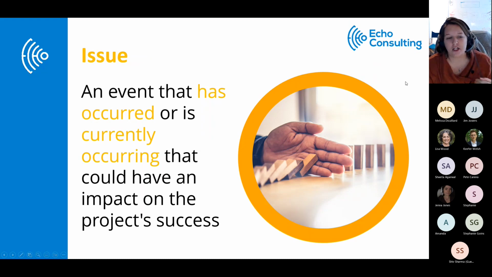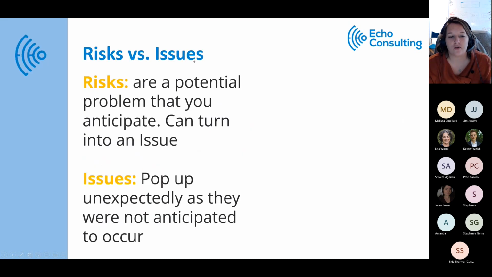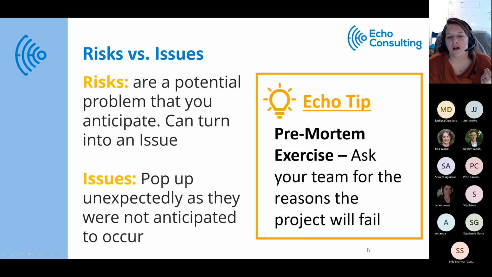Issues are events that are currently occurring. As I mentioned in the definition of risk versus issue, ideally, risks are potential things that are identified beforehand, but issues can pop up unexpectedly. We have a whole other webinar on risk management, so I don't want to go too deep here, but one of our favorite tips is to do a pre-mortem.